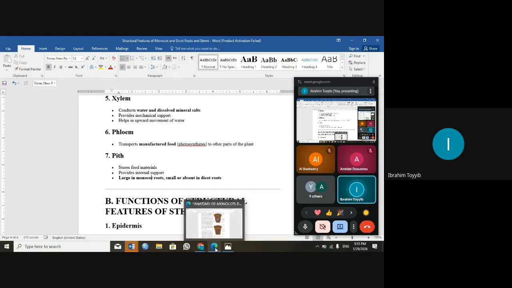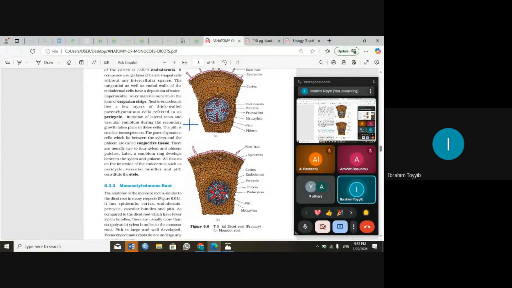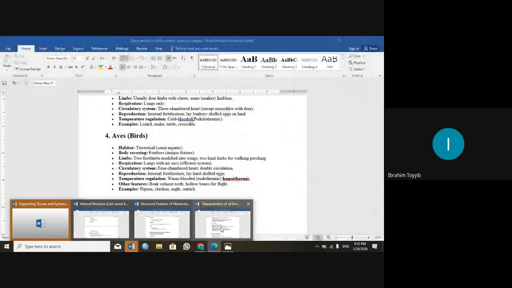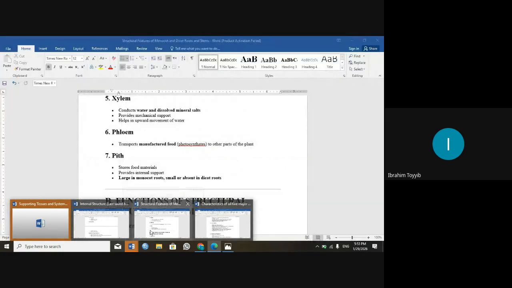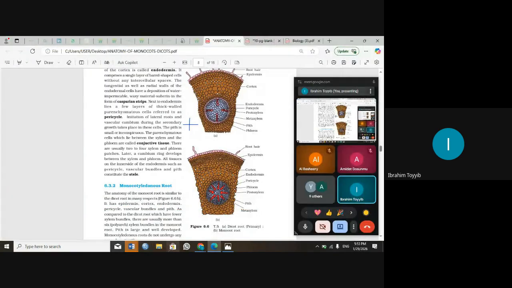So let's look at the structure again. Look at the pith.